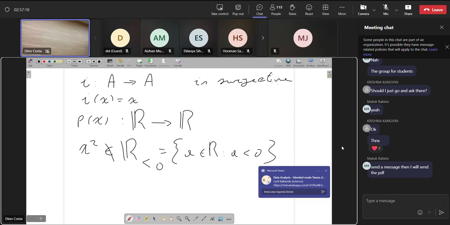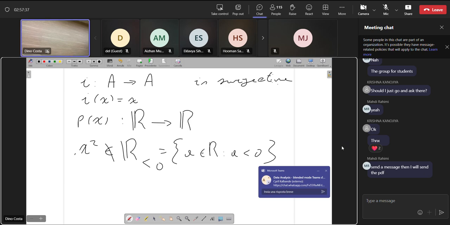This R less than 0 is the set of real numbers that are negative. So whenever we do the second power, we have a positive number. This cannot be, so this is not surjective.